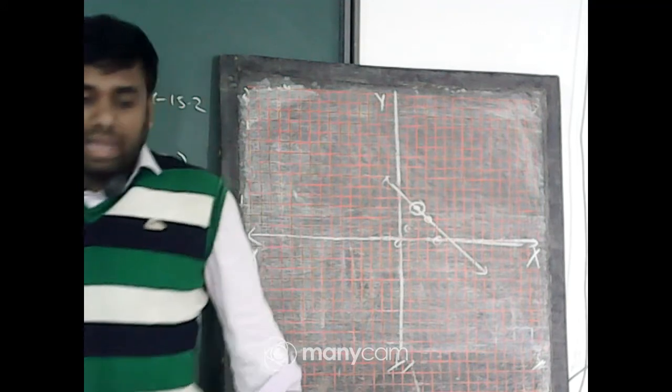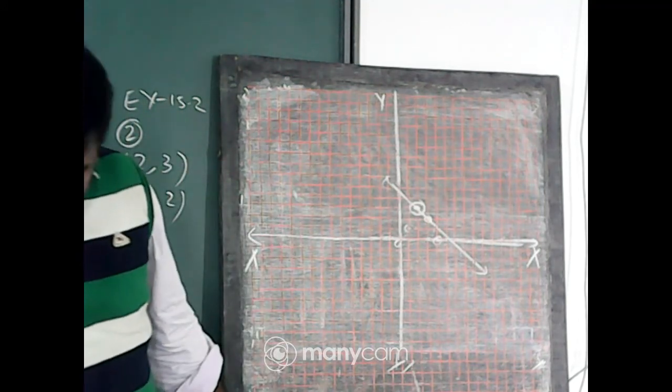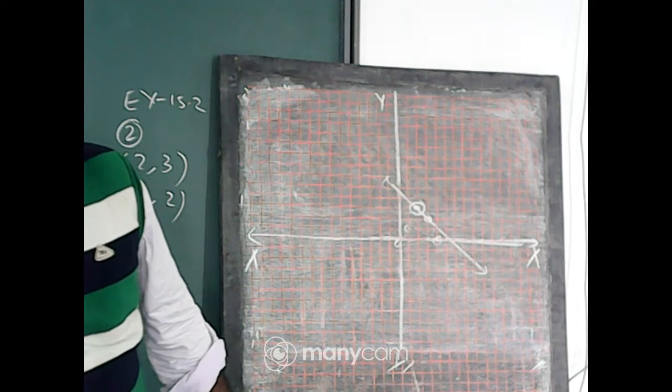I have drawn a line such that the line is passing through these 2 points.